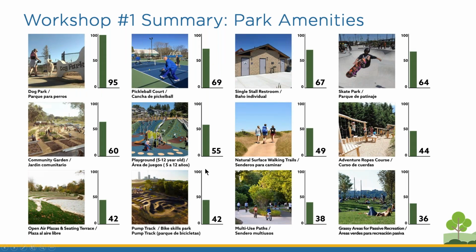The following slides are a summary of all the votes cast on that day, starting with outdoor park amenities. The top included dog park, pickleball court, restrooms, skate park, community garden, and playgrounds. But as you can see, the votes did vary quite a bit.